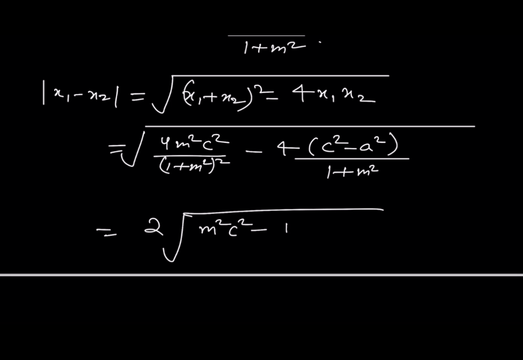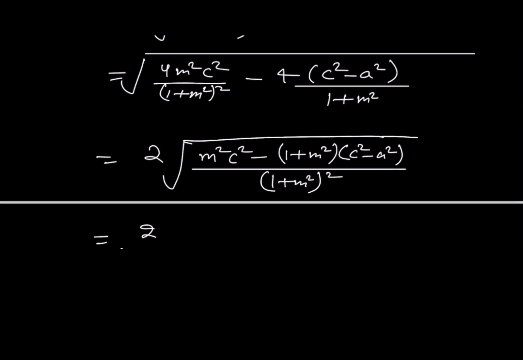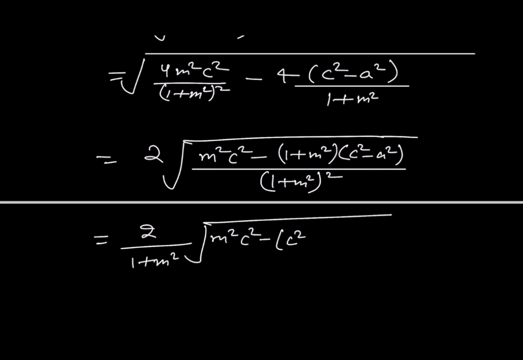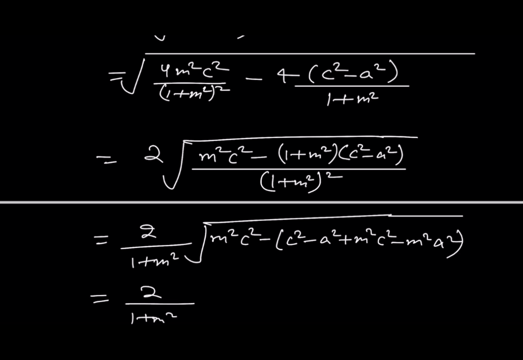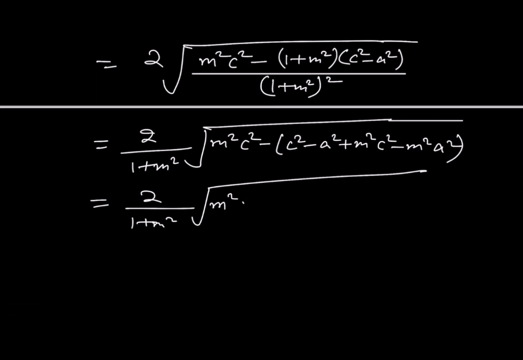So after taking 4 outside, it will be 2 times root over m square c square minus (1 plus m square) times (c square minus a square) upon (1 plus m square) whole square, or 2 upon 1 plus m square times root over m square c square minus c square plus a square minus m square c square plus m square a square, right?